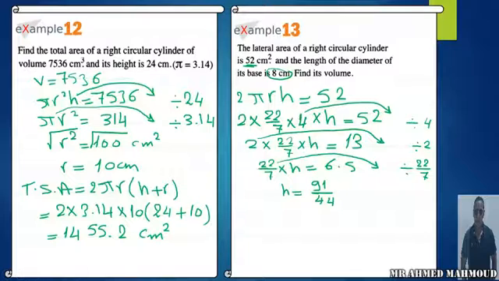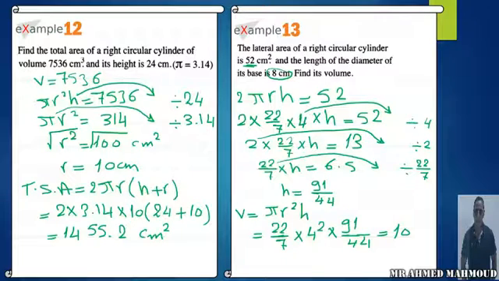Okay, to find its volume, the volume equals pi r squared h, which is equal to 22 over 7 times 4 to the power of 2 times 91 over 44, which is equal to 104 centimeters squared.